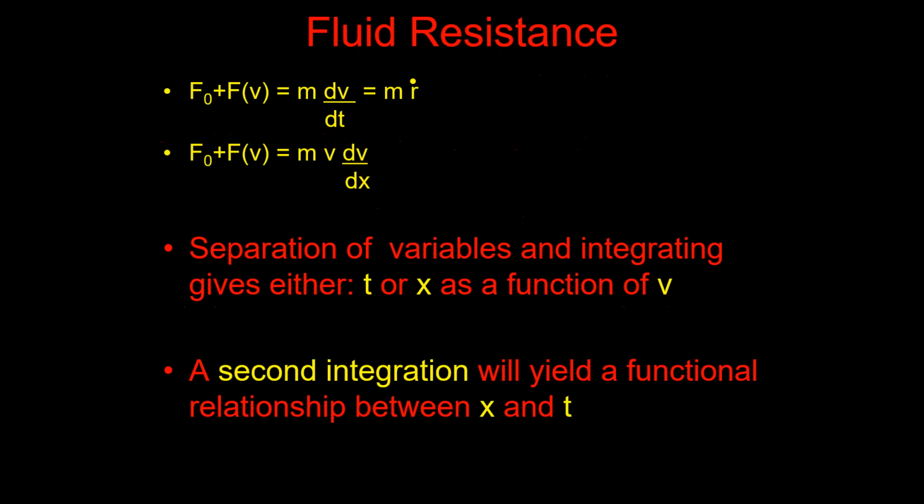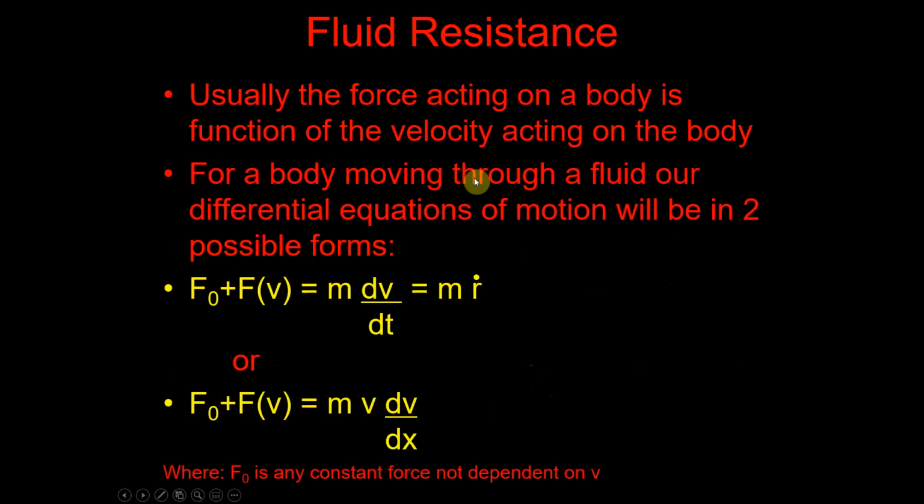Here we're saying we've got some force plus our force due to our resistance, and this will be some derivative of m dv by dt, which will give us a function in terms of position. Usually an integration is performed and you'll end up with differential equations for an object moving through any fluid. We're not really going to expand our analysis to this, but this is the sort of equation you would expect to see of mv dv by dx here.